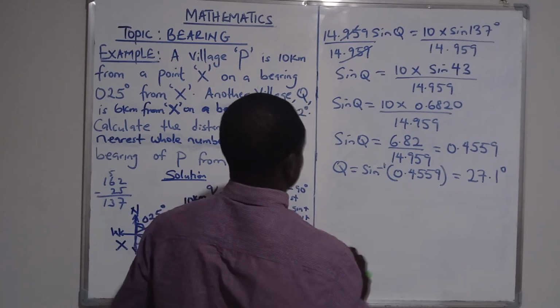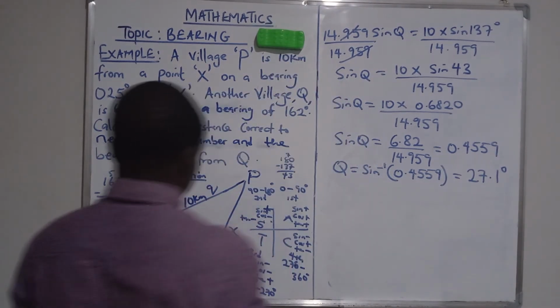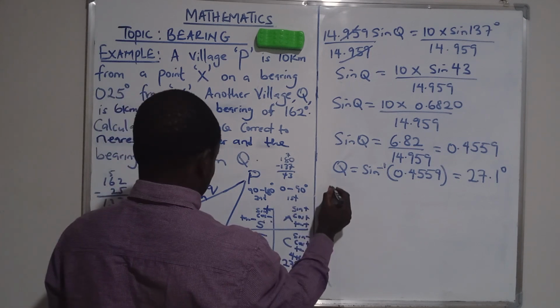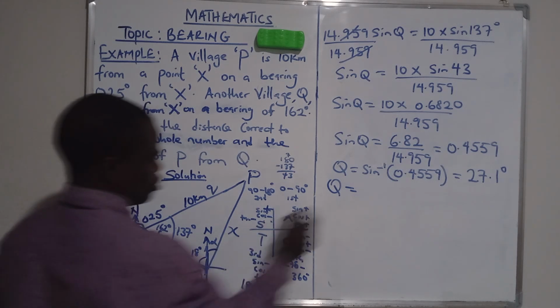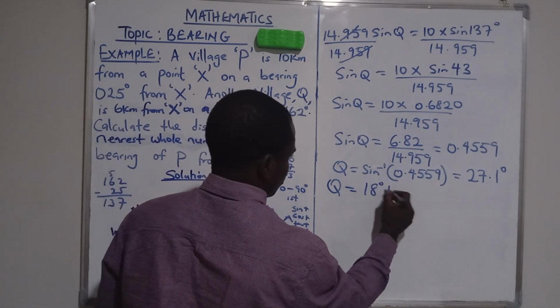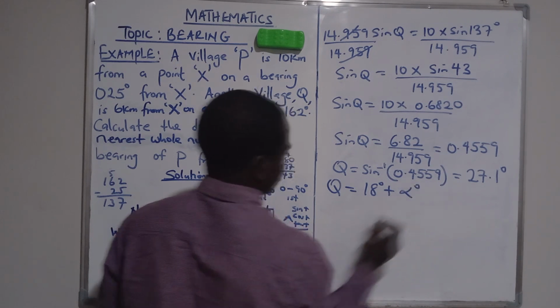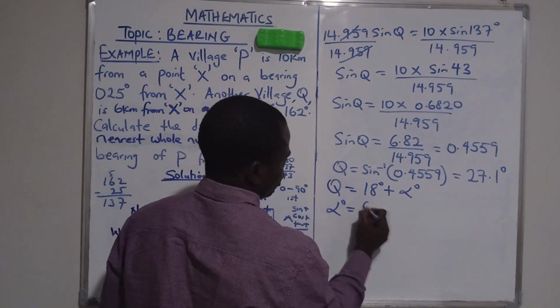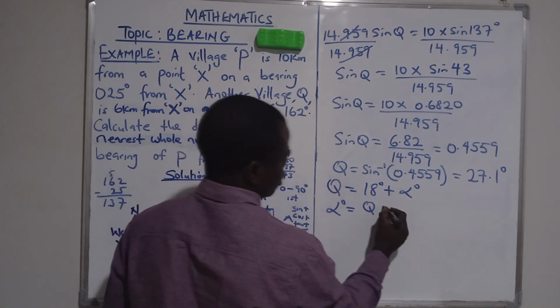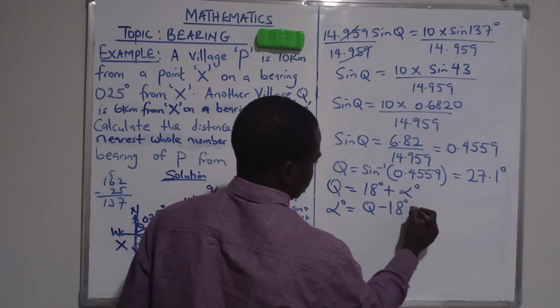And don't forget that the rule is q equals 18 degrees plus alpha degrees. Now for alpha, take 18 to the other side and it turns negative: minus 18 degrees.